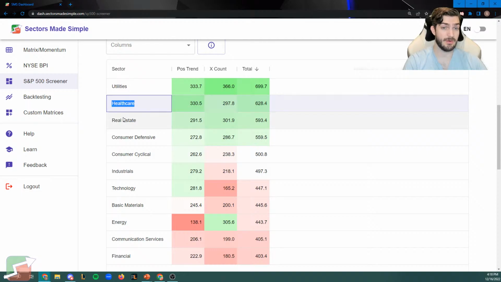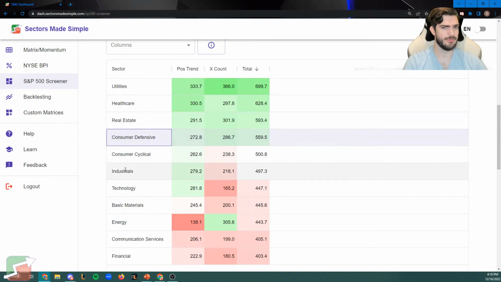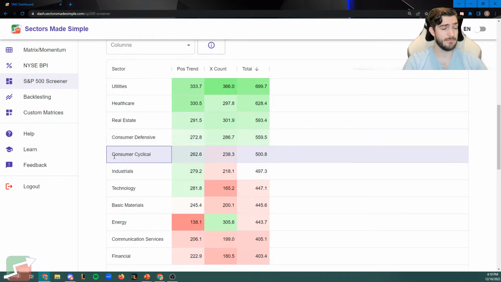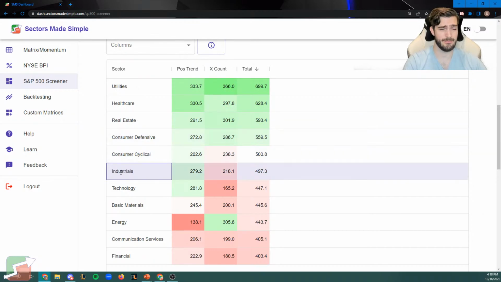Utilities, healthcare, real estate, staples, discretionary, industrials. What's going on here? And we're not just talking a small difference.